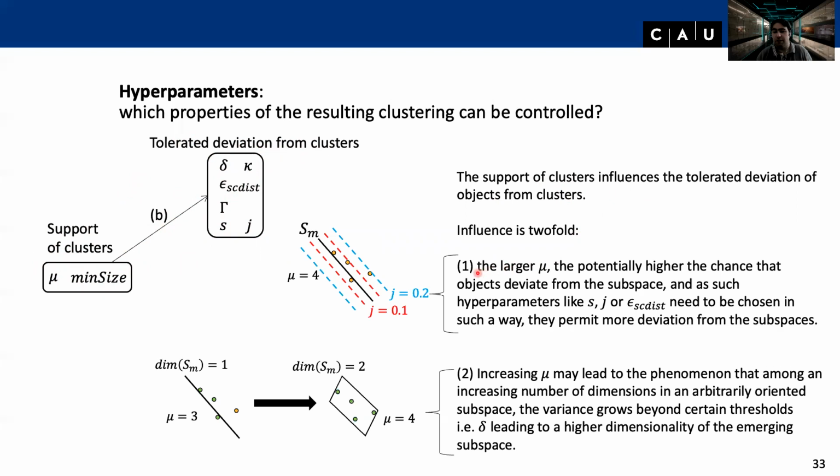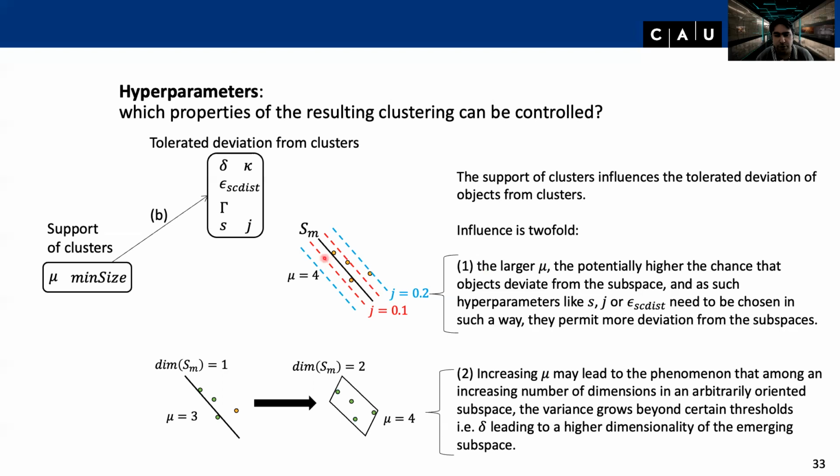One, the larger mu is chosen, so the support of the cluster, the potentially higher is the chance that the objects deviate from the subspace. And as such, the hyperparameters like S and J, like this jitter that we take here, have to be chosen in such a way that they permit more deviation from the subspace. So if I say I wish to have 2 objects or 3 objects, then a jitter of 0.1 is perfectly fine.